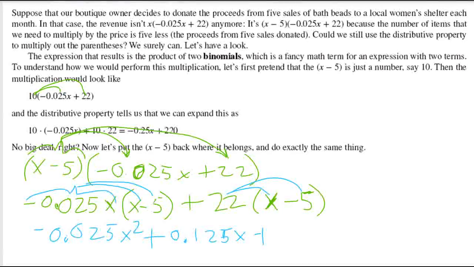Have my 22 times x plus 22x. And 22 times negative 5. So minus 22 times 5. Minus 110. Okay. Now I have two like terms that I can combine.